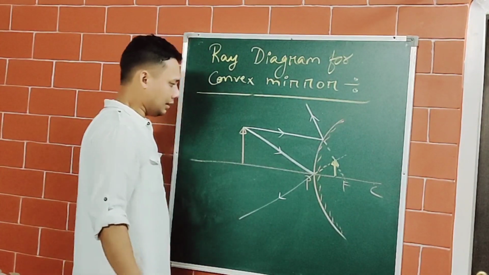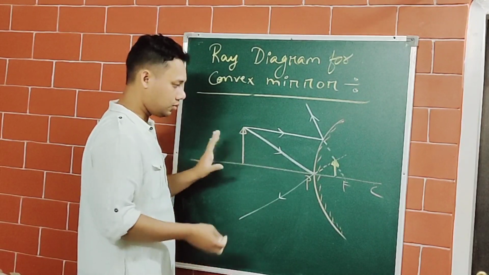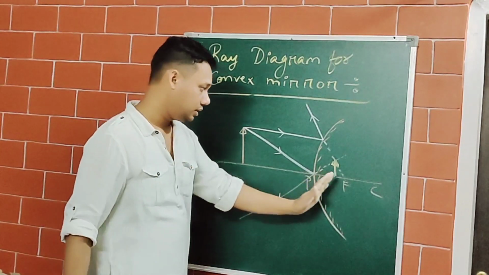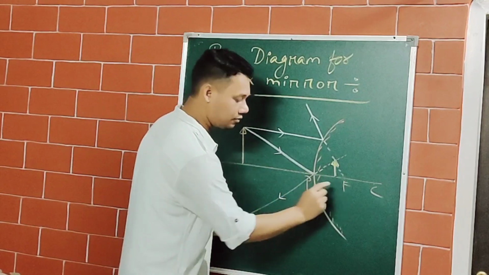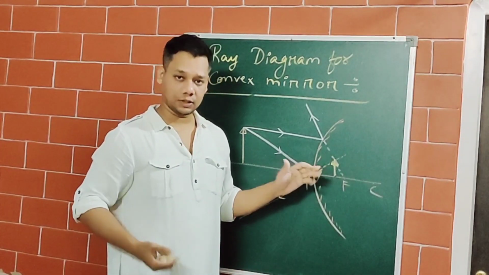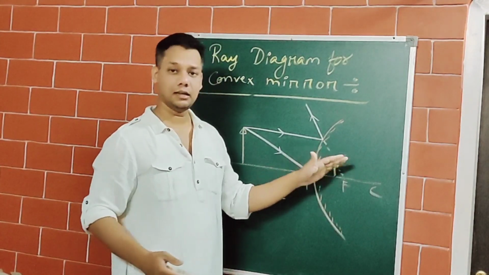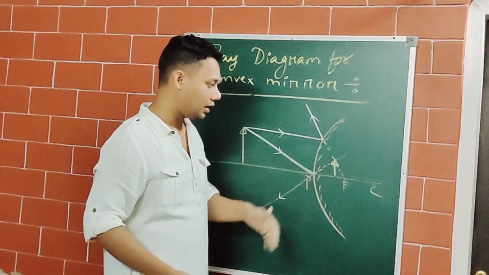The image is formed between pole and focus. Did the rays actually intersect after reflection? No. We have extended it backward. So it's a virtual image.